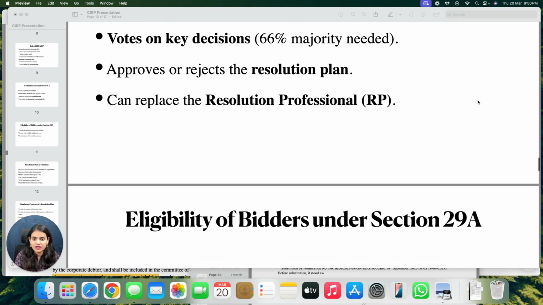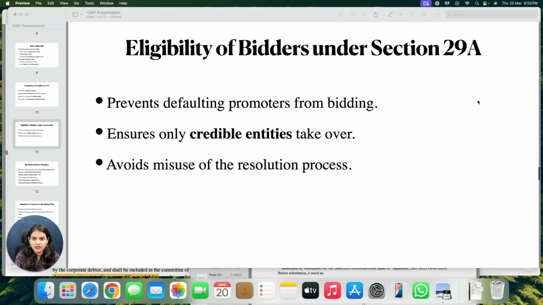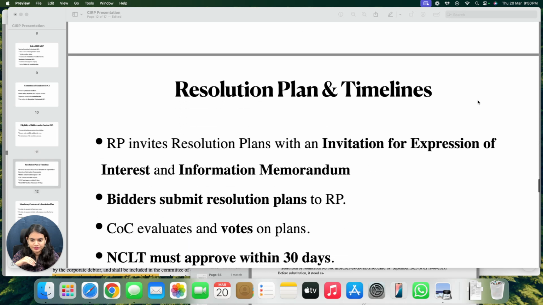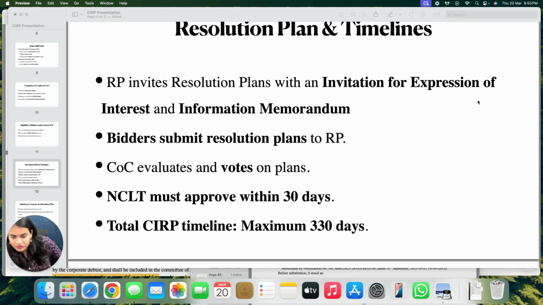Now let us understand the eligibility criteria under Section 29A. So for inviting resolution plans, the insolvency professional publishes a public announcement in the newspaper, and it is also uploaded on the IBBI website.